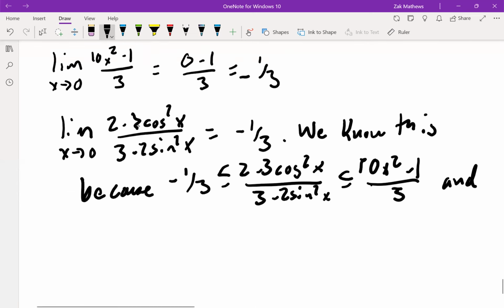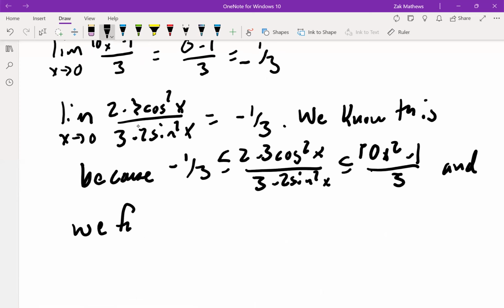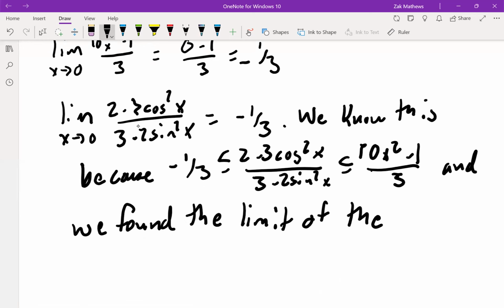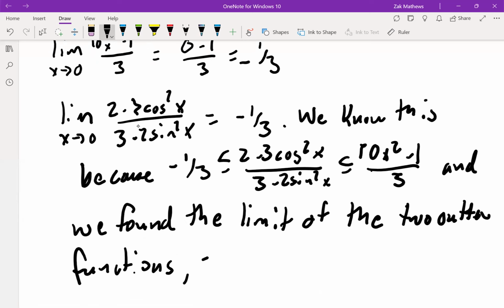And we found the limit of the two outer functions, that is negative 1/3 and 10x squared minus 1 over 3, to be negative 1/3.